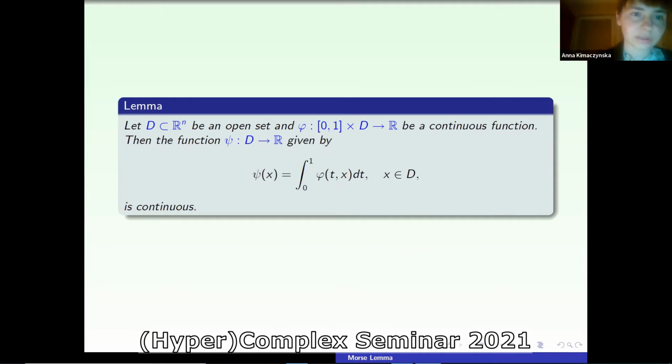First lemma: let D be an open set and phi be a continuous function, then the function psi given by the integral is continuous.